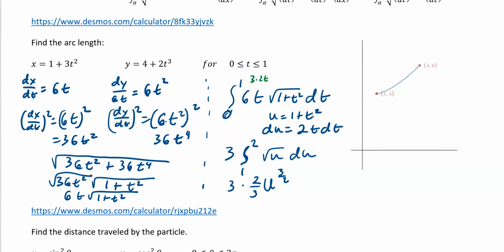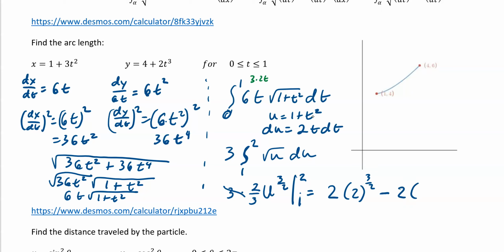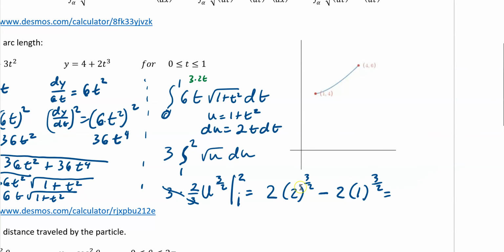Let me move that down a bit. 2 and 1. So this is 2, and then 2 to the 3/2 minus 2 times, so I'm just canceling the 3 already, 1 to the 3/2. And so this is going to be 3 sets of 2.